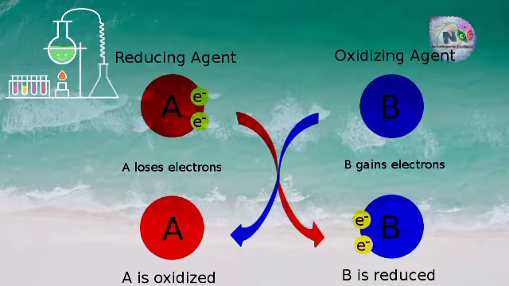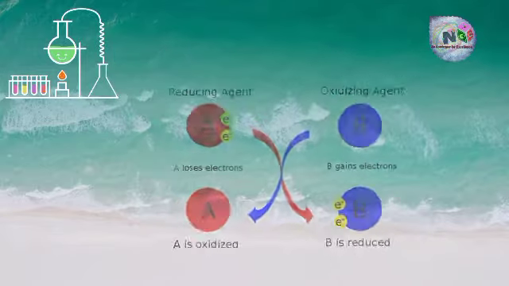So in this case A acts as a reducing agent while B is an oxidizing agent. The very interesting fact is that the reducing agent gets oxidized while the oxidizing agent gets reduced.